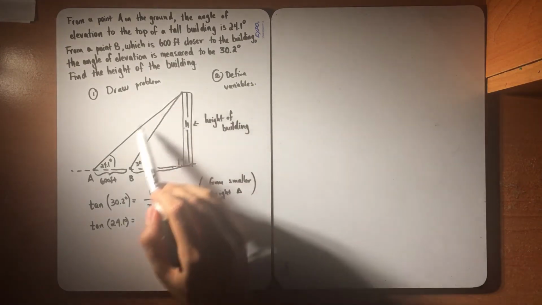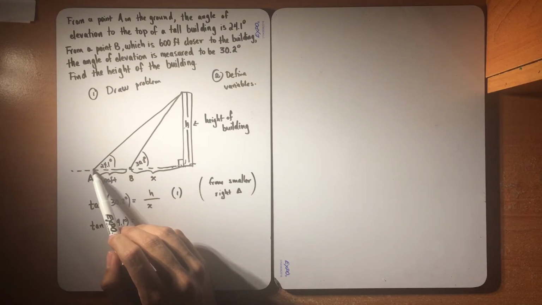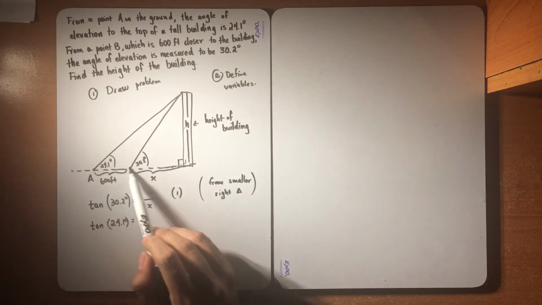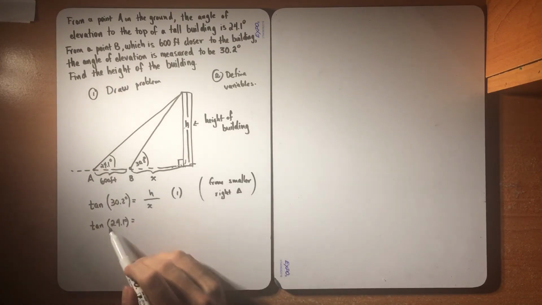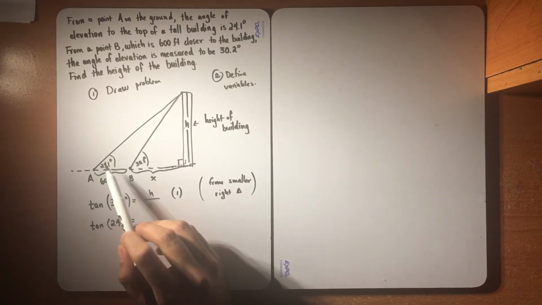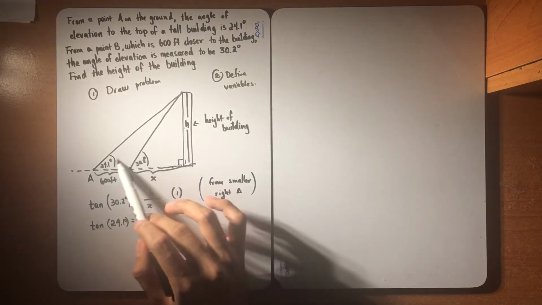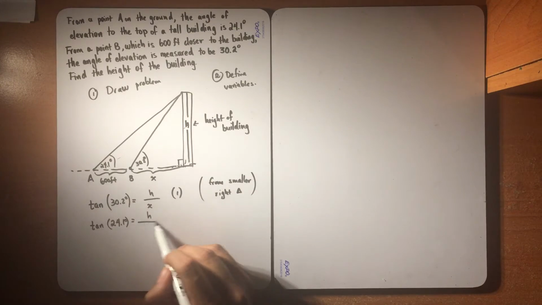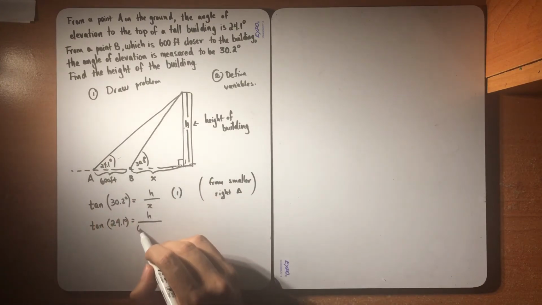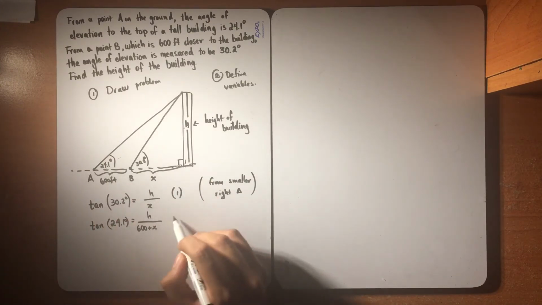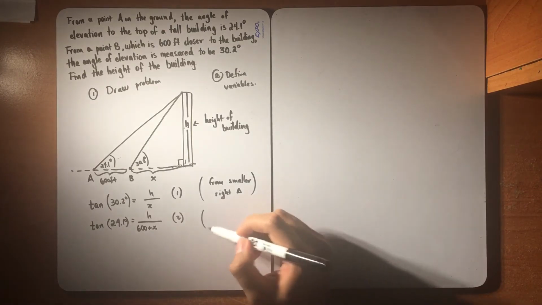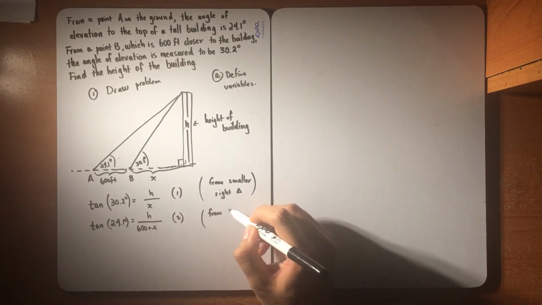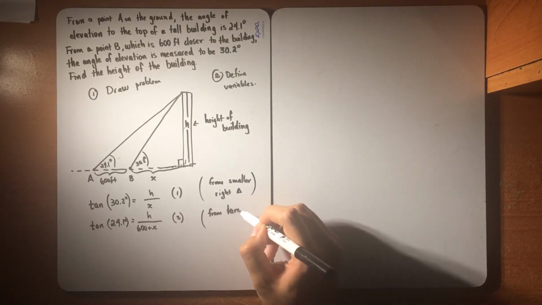So the side that's adjacent to 24.1 is 600 plus X. So now I can set this up as tangent of 24.1 is equal to the opposite side, which is H, divided by the adjacent side, which is 600 plus X. This is my second equation, and this is from the larger right triangle.